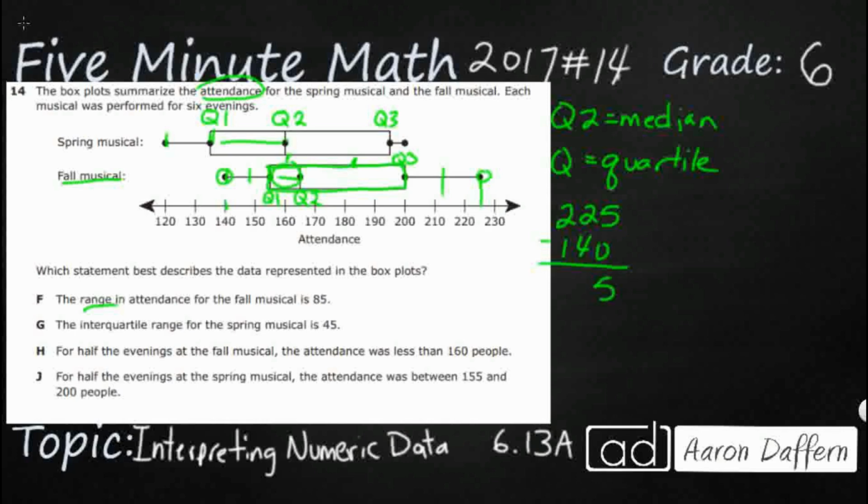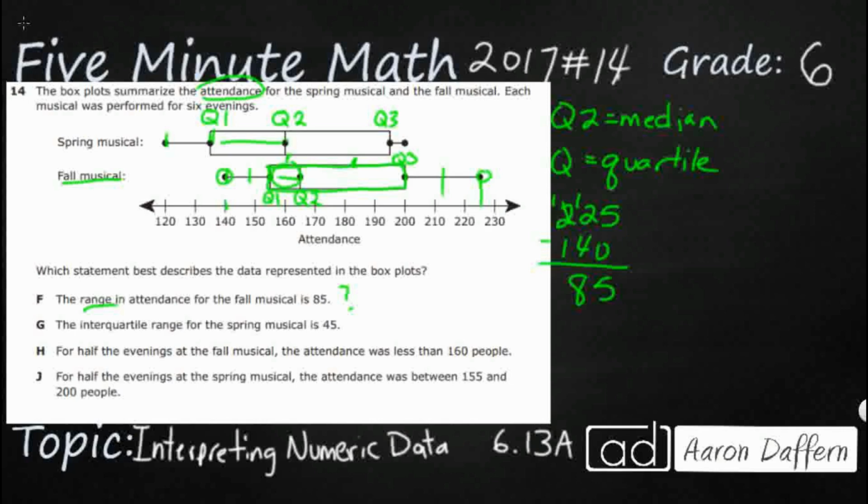And so it looks like we've got 85. So the range here is 85. Well, that's kind of what we were looking for, right? So maybe that's it. Could be as easy as getting it on the first try. Let's see what G, H, and J have to say for us.